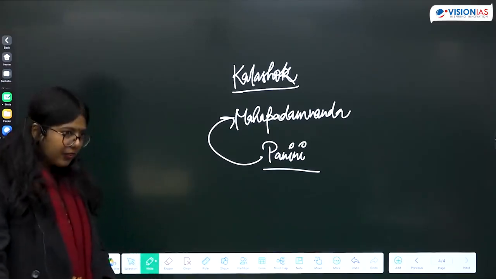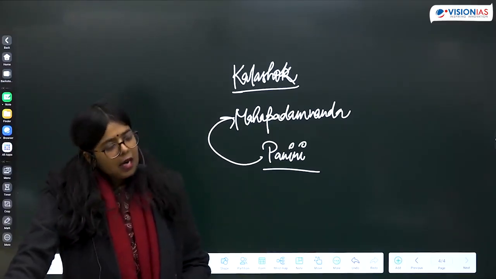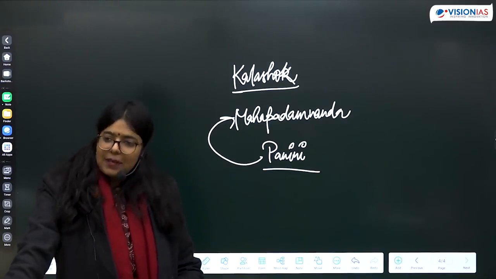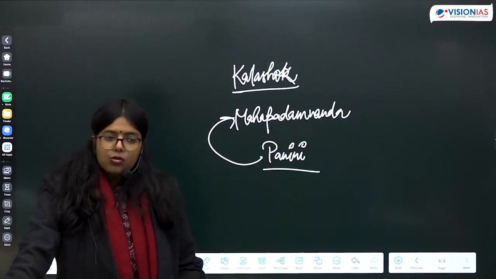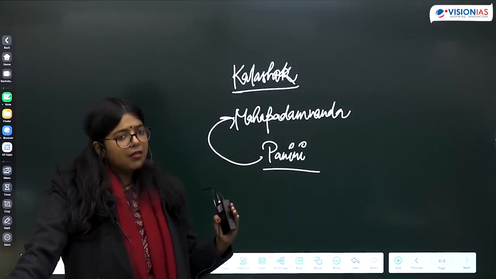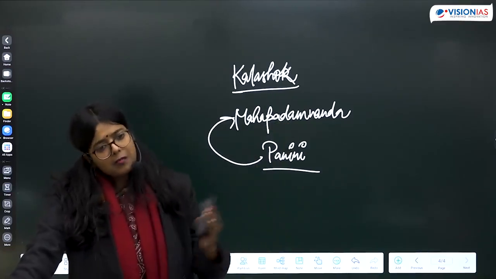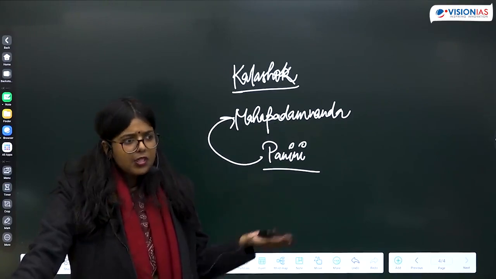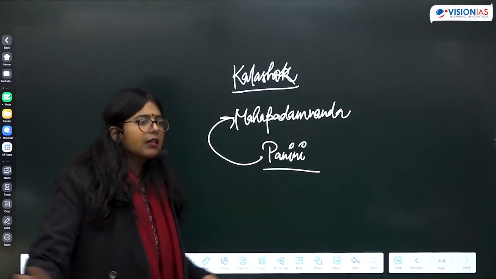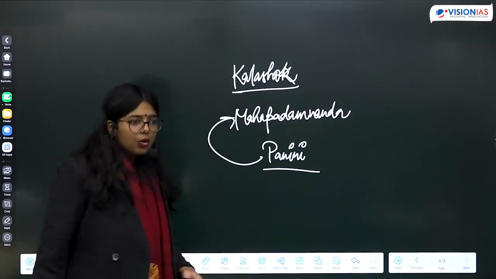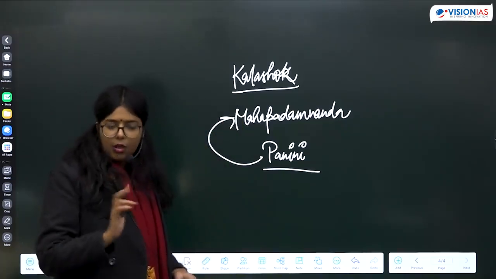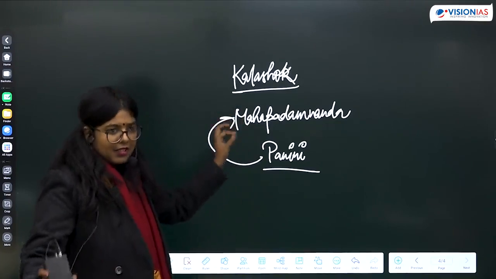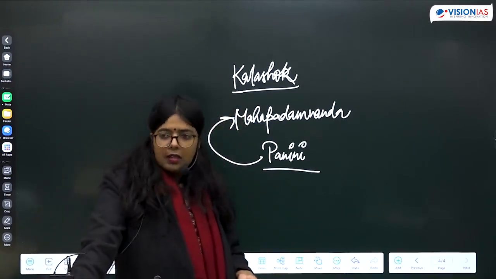He was a very good friend of Mahapadam Nand, and Mahapadam Nand is somebody who is patronizing Panini. So UPSC asks these kind of questions, not only in mains but also in prelims. Which particular literary scholar is related to which ruler? Okay, so when we talk about Panini, he is related to Mahapadam Nand.